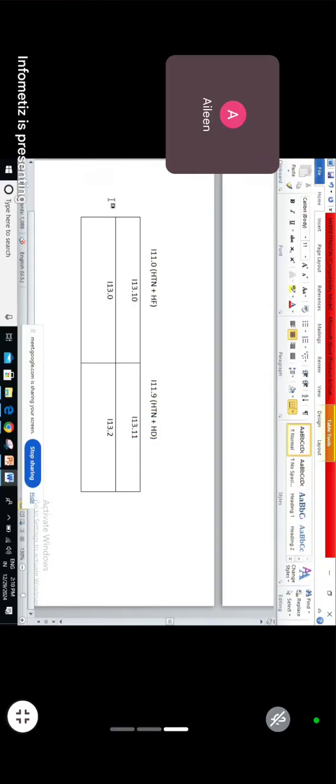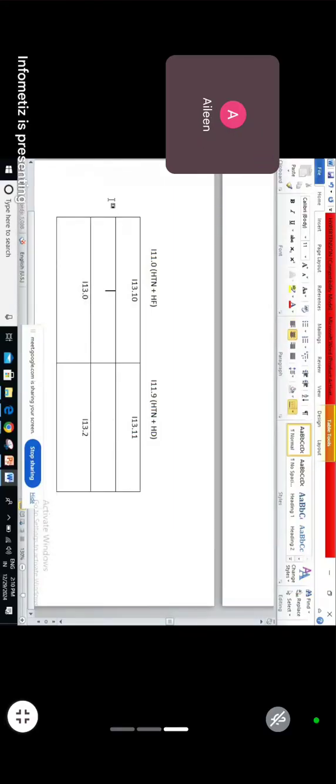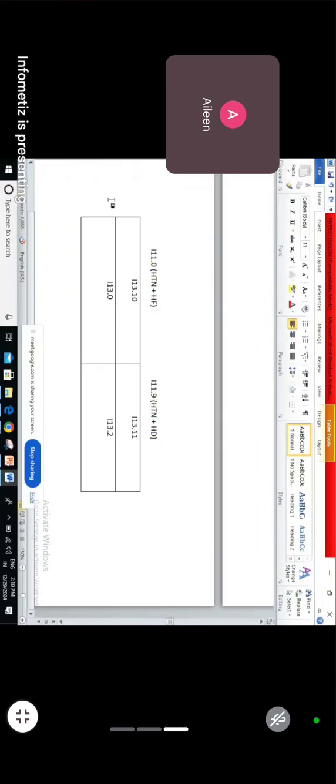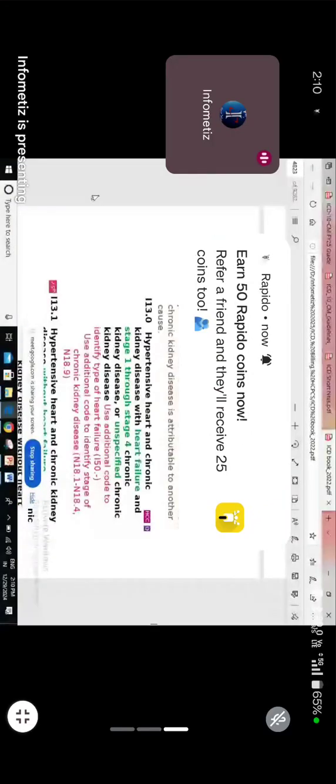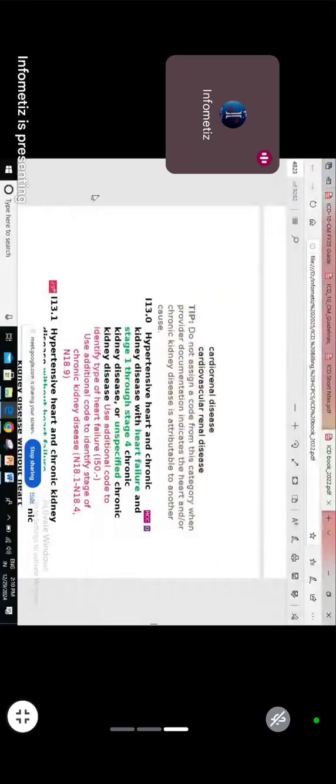Yes, because it is with heart failure. So if I combine I11.0 and I12.9, I will get I13.0. There I have to use the I50 code additionally as well as the N18.1 to N18.4 or N18.9 codes.